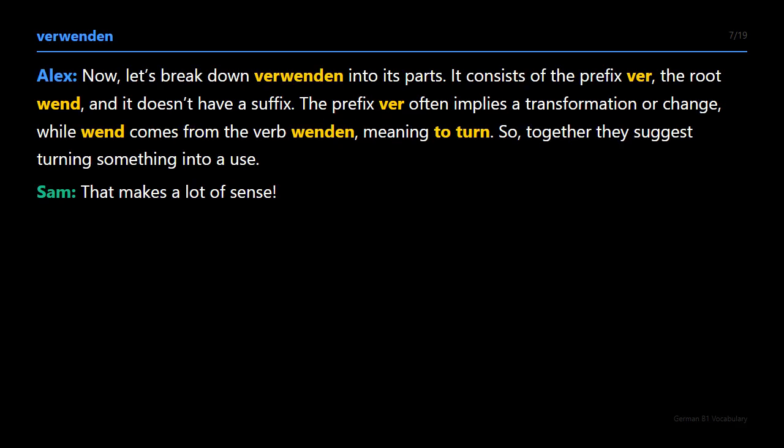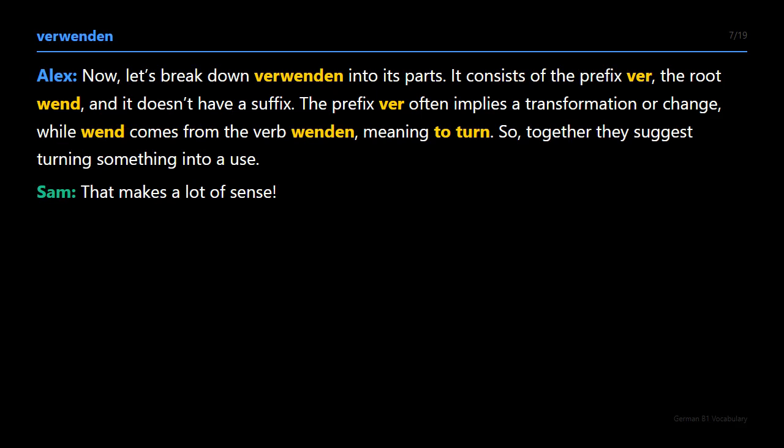That's so cool. Now, let's break down verwenden into its parts. It consists of the prefix ver, the root wendt, and it doesn't have a suffix.